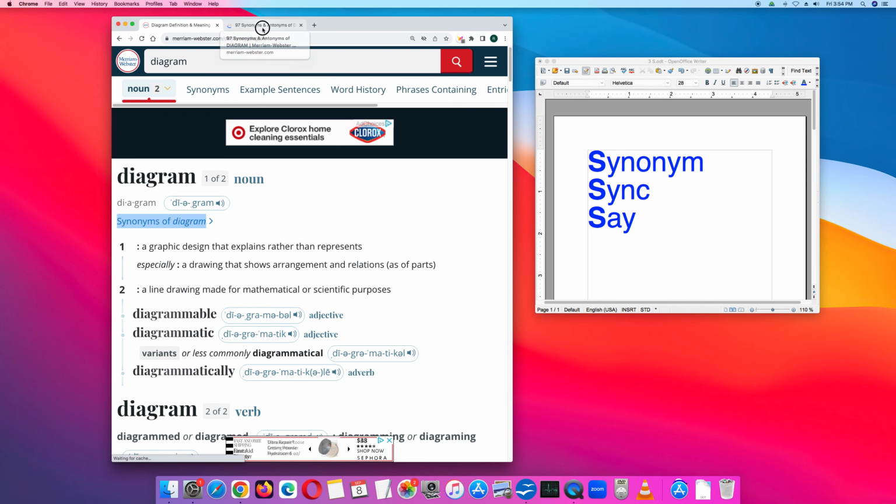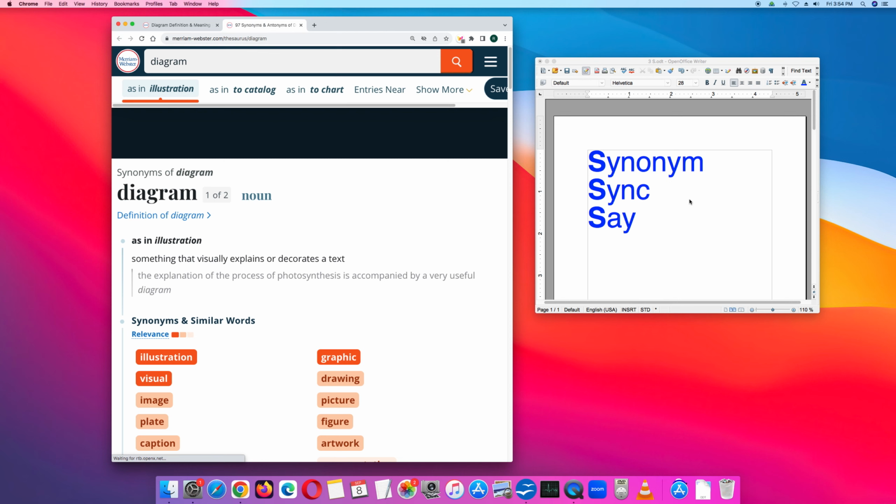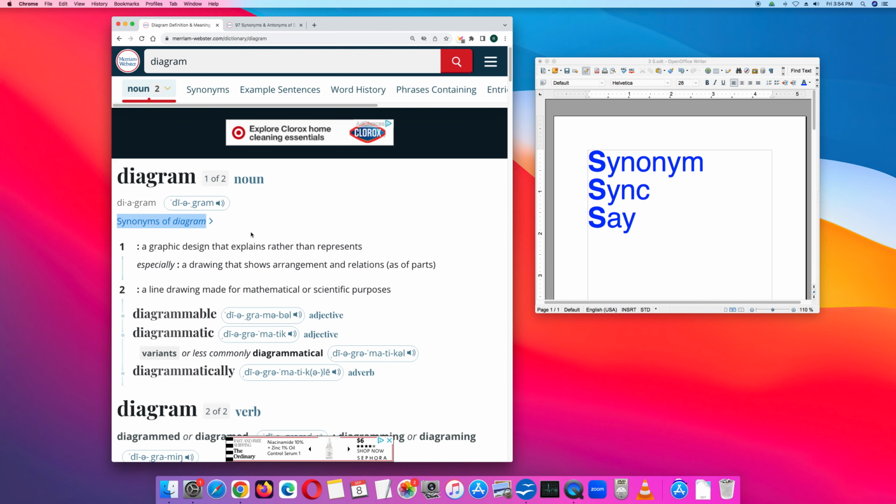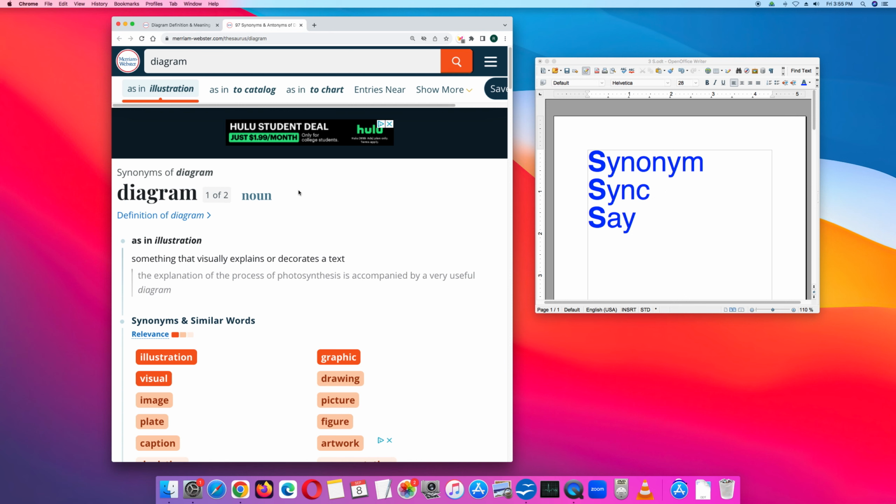Okay. So then I look at the synonyms, and that's the first S in my 3S system, synonyms. If you go to the dictionary page for diagram, underneath the pronunciation, they have a link to synonyms, which goes to their thesaurus, which has a list of synonyms.